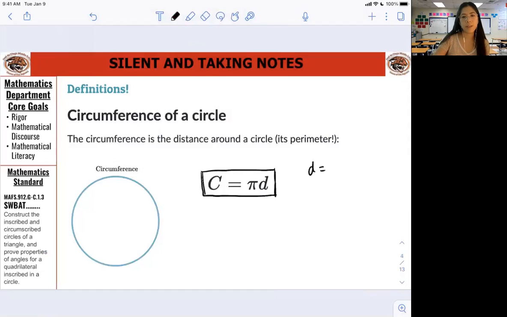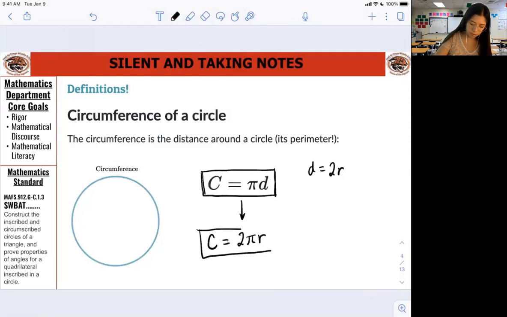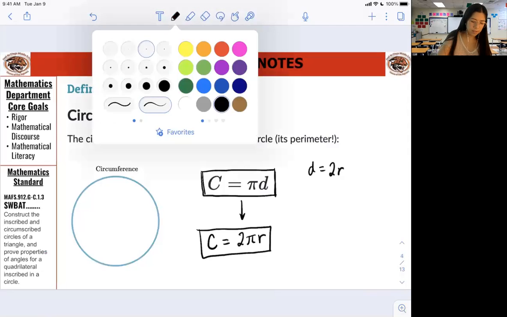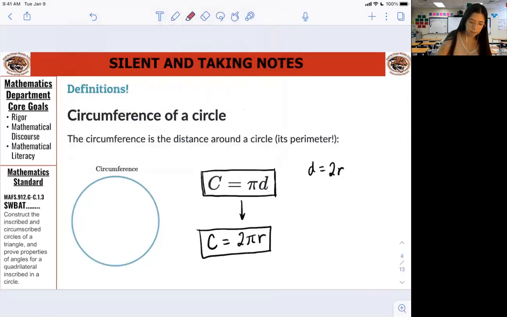What's the little formula for diameter? 2r. So another way to write the same formula is that circumference is 2 times pi times r. 2 pi r. Simply because the diameter is 2 times r. So that's where that comes from.